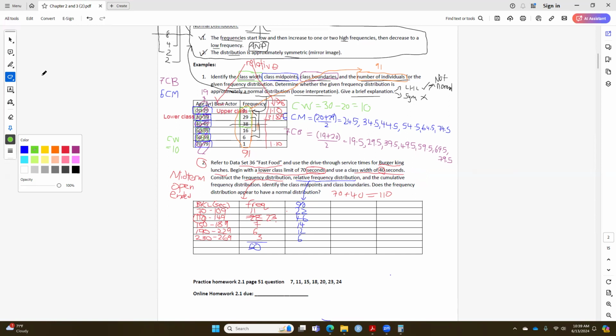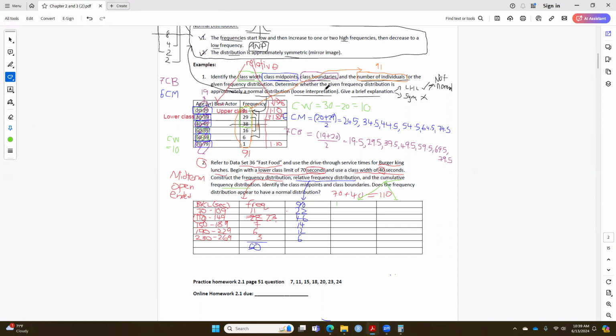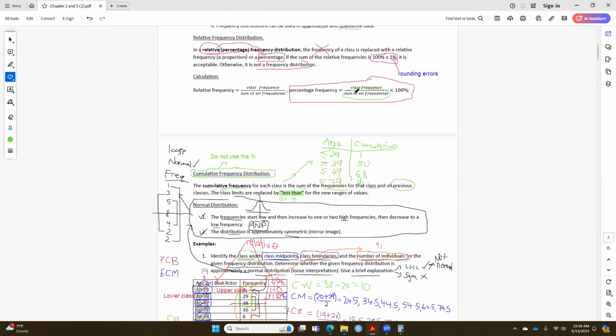Anyone have any questions with this? Right. Because we got 50 data set. Yeah, we got 50 data set here. And in order for you to calculate the frequency of the classes, you have to use the sum of all the frequencies.